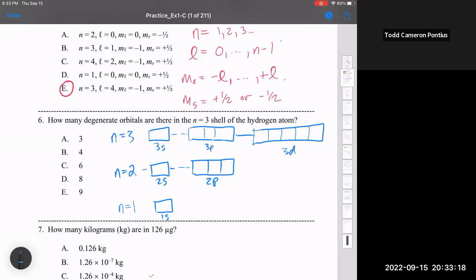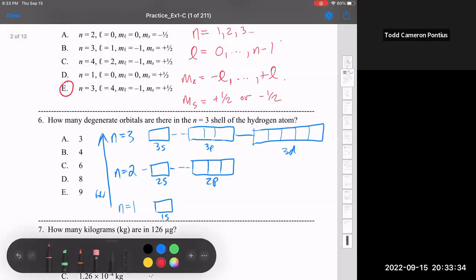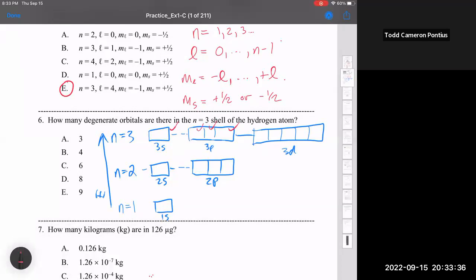And all of these are in terms of energy going up. With hydrogen, the only number that matters for energy is the principal quantum number n, which means all 3 of these subshells are equal. And we've got 1, 2, 3, 4, 5, 6, 7, 8, 9 total. Okay. So hydrogen would have 9 degenerate orbitals in the n equals 3 shell.